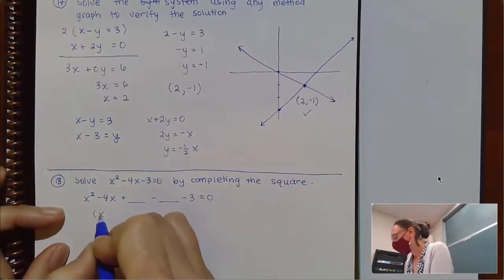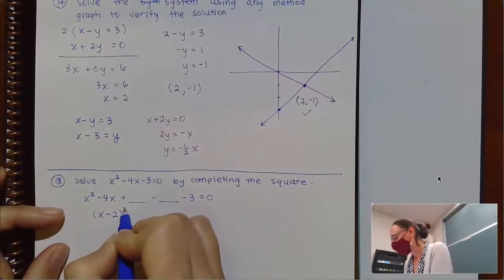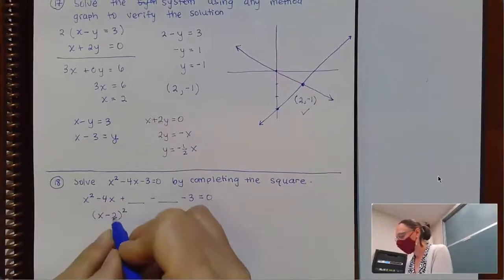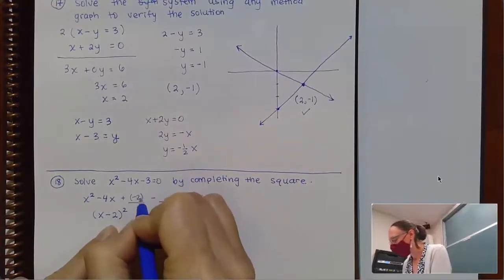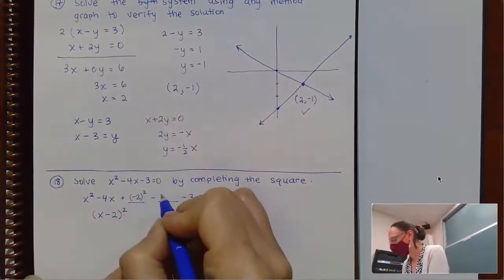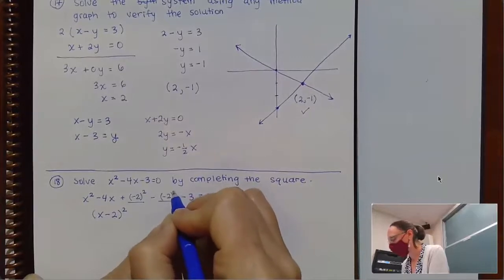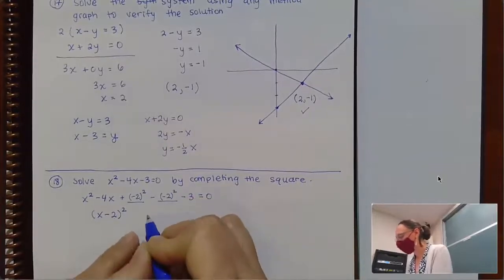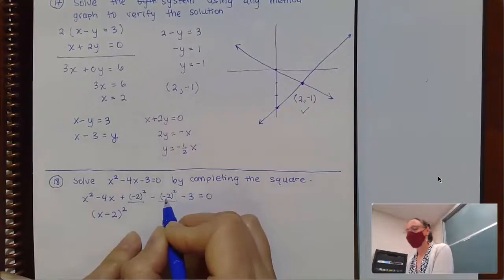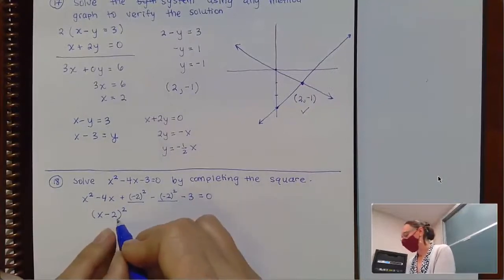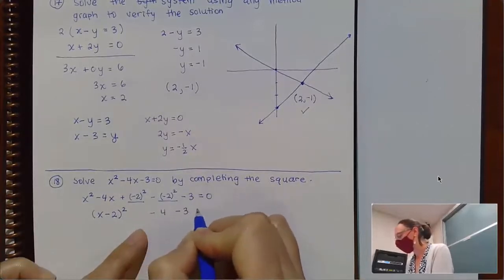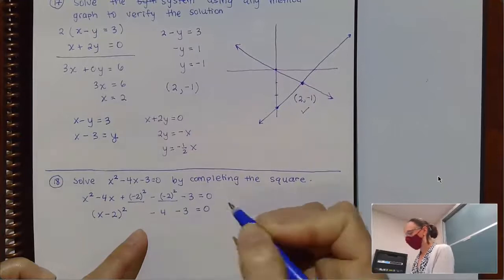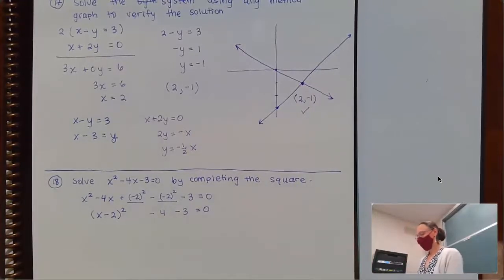So I'm going to have x minus 2 squared. -2, when I square it, I'm going to add it in and then subtract it back off. -2 squared is +4. So this is going to leave me with x minus 2 whole thing squared minus 4 minus 3 is equal to 0.